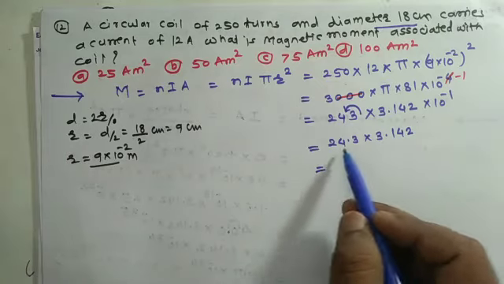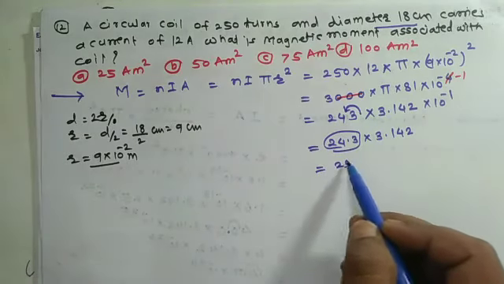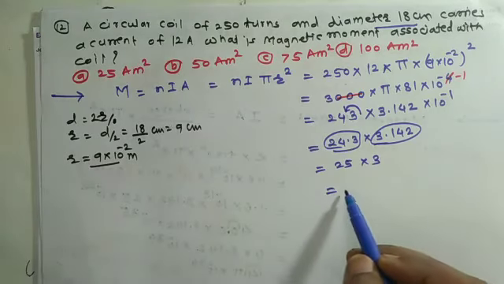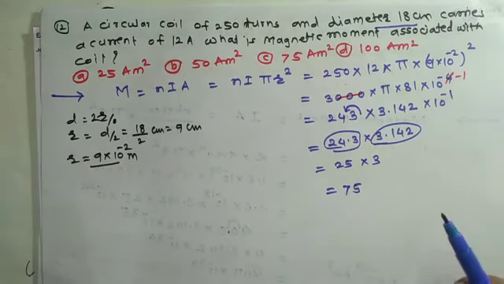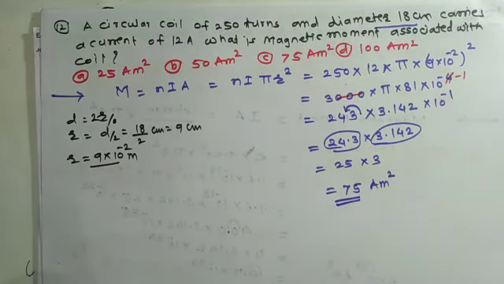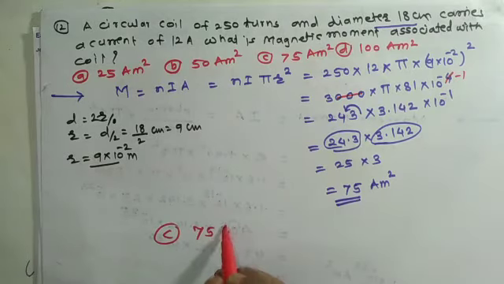So here we can approximately take 25 and here take 3. If we multiply, it is 75 ampere meter square. So here we can take the result, that is option C, 75 ampere meter square.